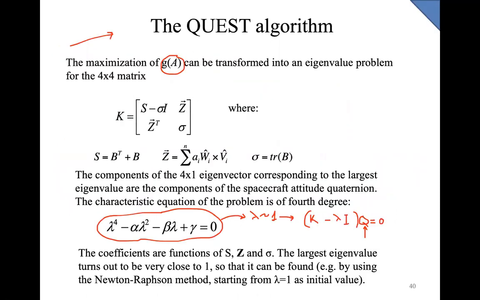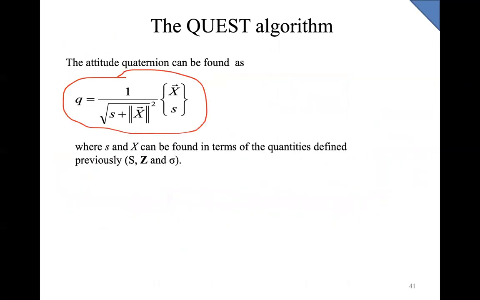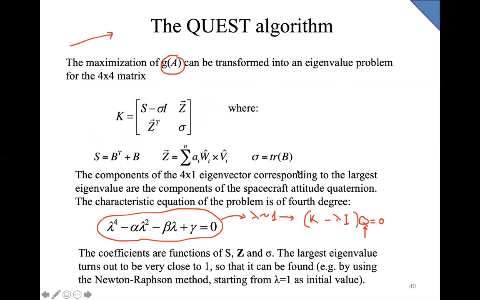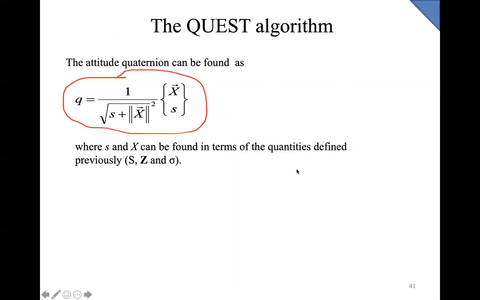One of these slides that was probably a little bit misleading is this one, because I only gave you this formulation saying that S and X are functions of these parameters S, zeta, and sigma that we have defined here, but I didn't give you an explicit form.